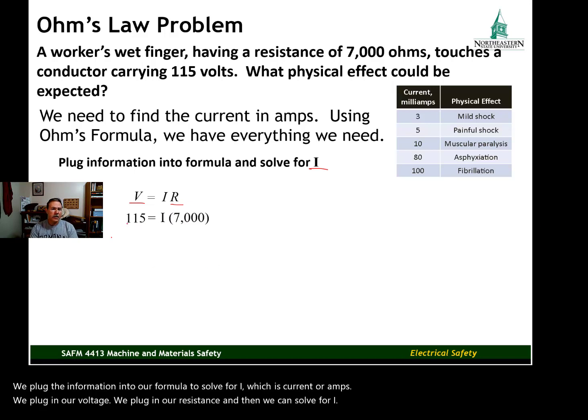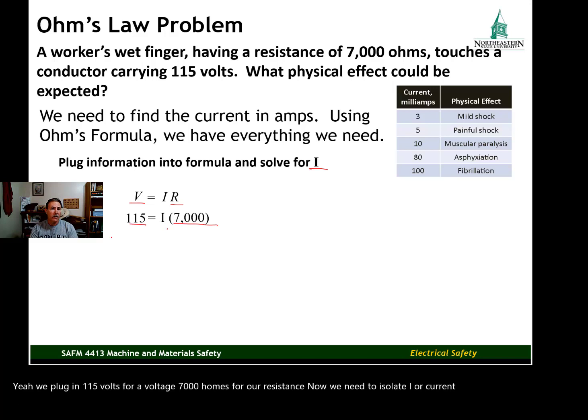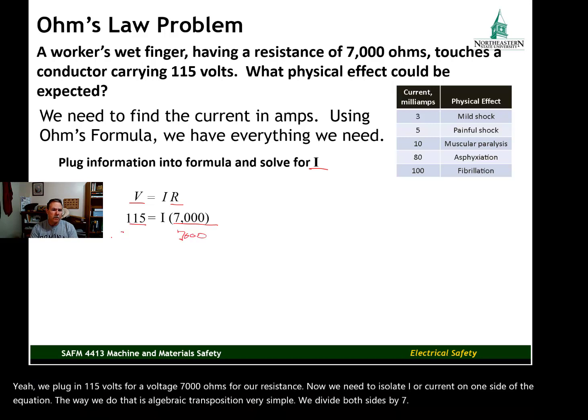We plug in 115 volts for our voltage, 7,000 ohms for our resistance. Now we need to isolate I, or current, on one side of the equation. The way we do that is algebraic transposition, very simple. We divide both sides by 7,000.